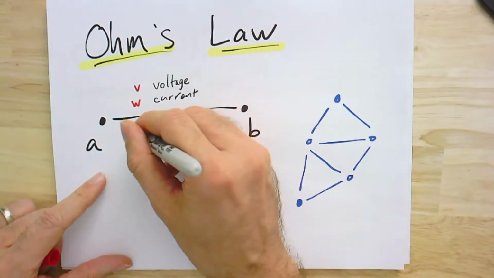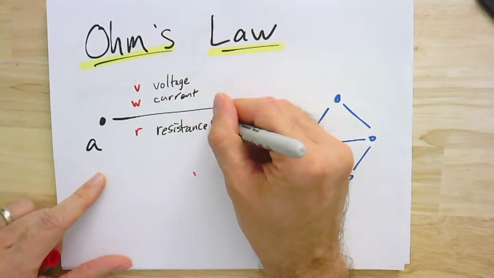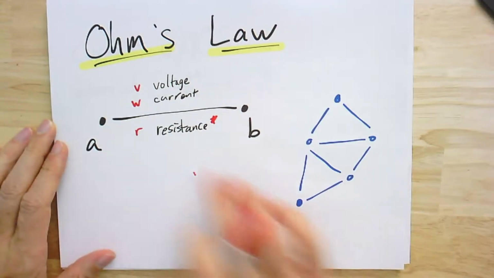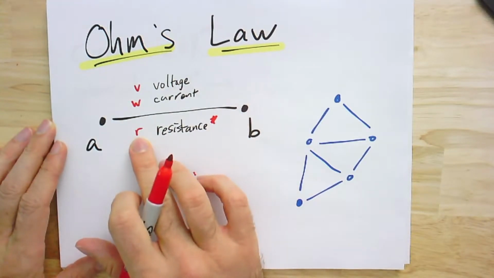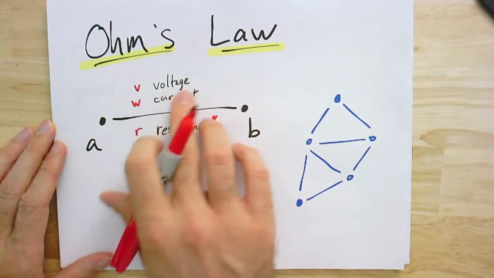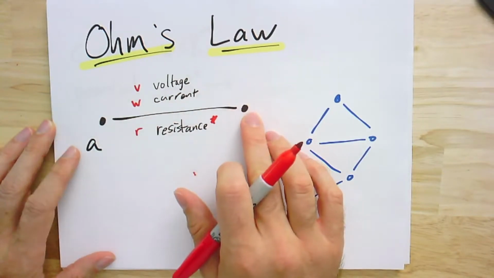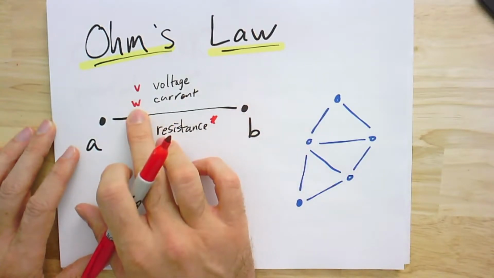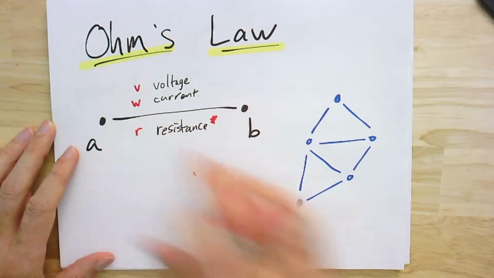And there's some resistance. Now, I put resistance below the line. There's a little asterisk here, which is to remember that the resistance doesn't care about the direction. Whereas the voltage is an electric potential difference, a change in potential depending on the direction, and the current also has a direction.